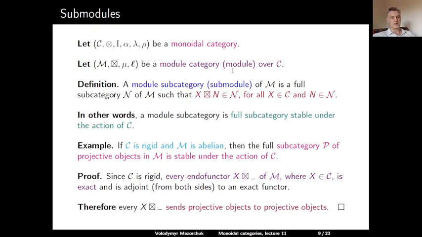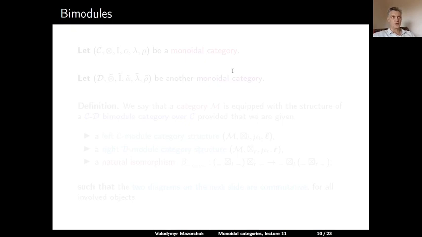And any functor which is left adjoint to an exact functor sends projective objects to projective objects. So this completes the proof of this example. So we have now defined the notion of a left module and the notion of a right module.